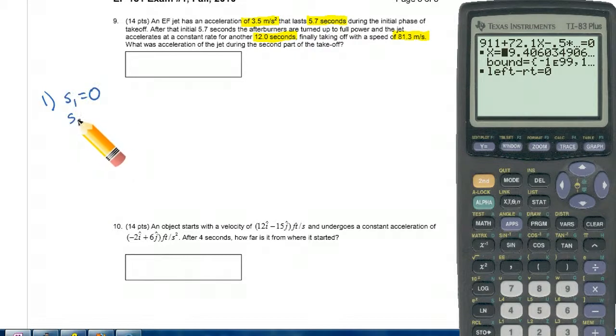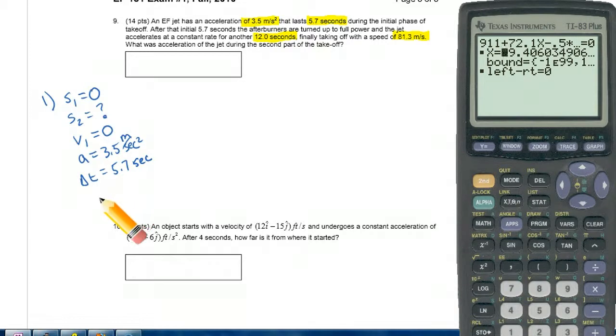We don't know how far we went. We're taking off, so the initial velocity is 0. We know acceleration is 3.5 meters per second squared, and we know delta t is equal to 5.7 seconds.